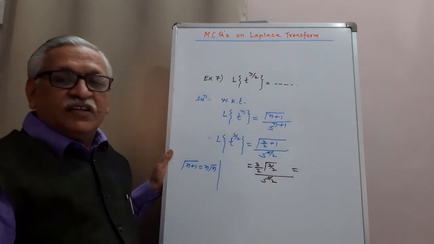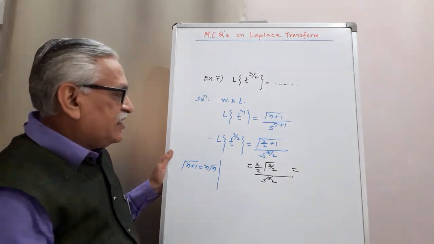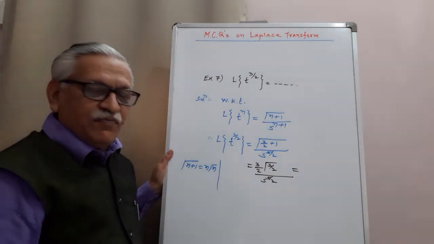It is equal to, once again we write 3 by 2 in the n plus 1 form.